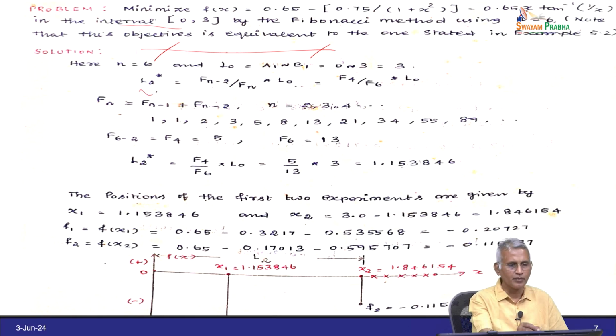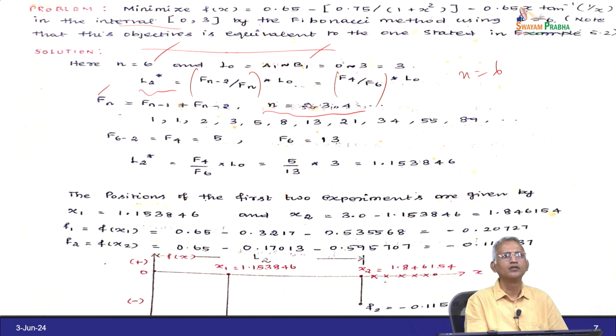Now, the rule for the Fibonacci search is L2 star equal to F suffix n minus 2 by Fn into L naught. With n equal to 6, F suffix 6 minus 2 is F4 by F6 into L naught. The Fibonacci sequence is Fn equal to F suffix n minus 1 plus F suffix n minus 2, where n varies from 2, 3, 4 and so on.